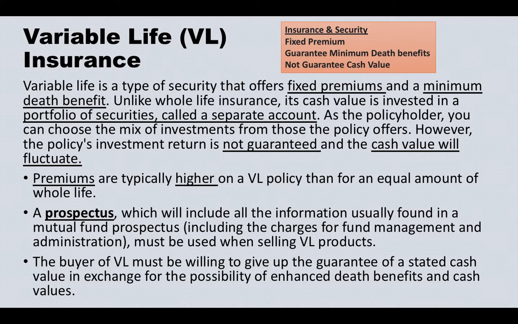They guarantee some of the benefit, but not all. The cash value is not guaranteed because you invest your cash value yourself, based on the investment performance, right? So they do not guarantee the cash value. That's something you need to know about variable life insurance.